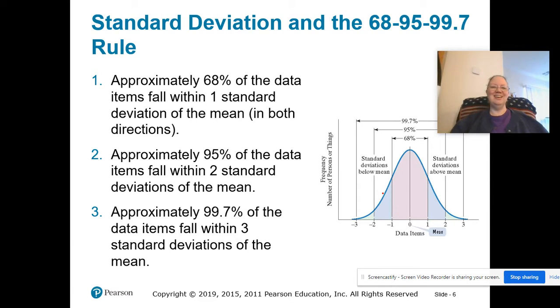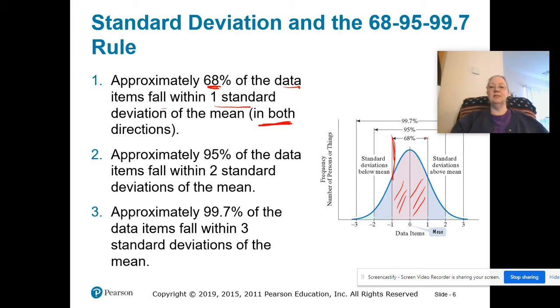So this rule says that approximately 68% of all data items are going to fall within one standard deviation of the mean in both directions, above and below.